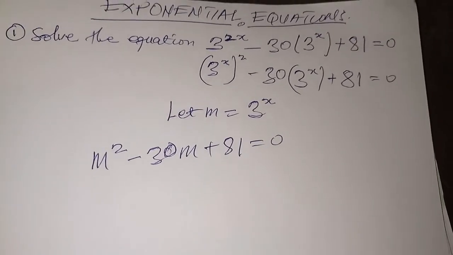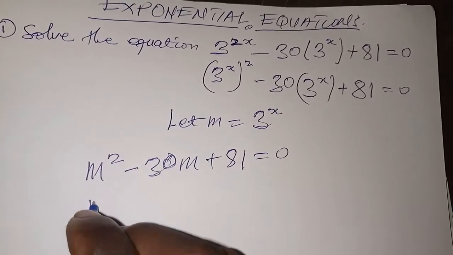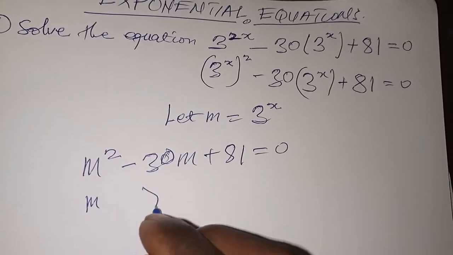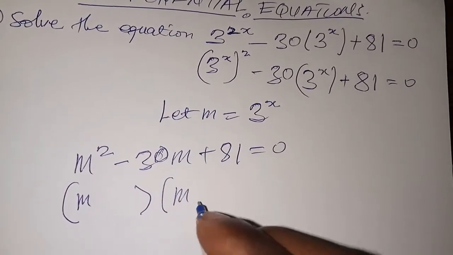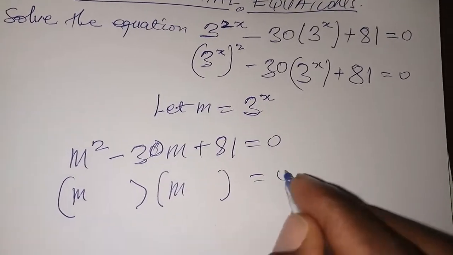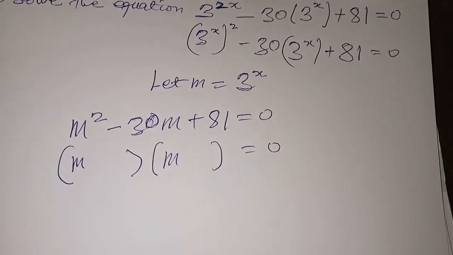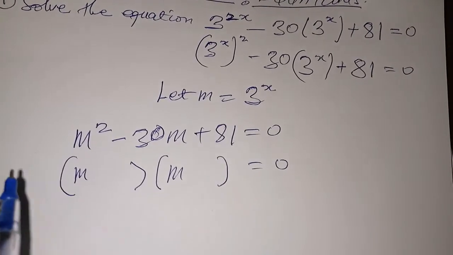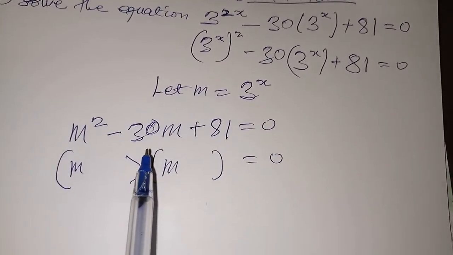So we just write our variable m, then we leave space and put it in parentheses, then another m, because we'll be having 2 factors in parentheses equal to 0. Now we get the 2 factors of 1 times 81, which is 81. Then when we add, we will get negative 30.